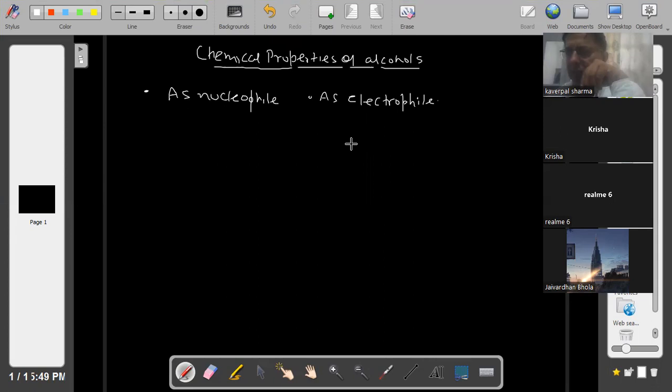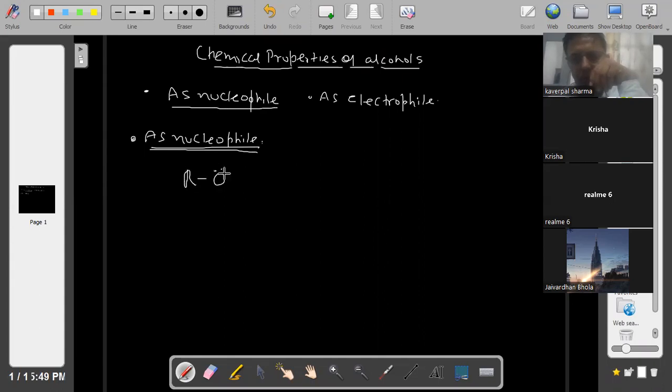Then accordingly, first of all, the nucleophilic nature, as a nucleophile. As a nucleophile, the nature of this is R O H. And here is a carbocation, H C H. This is a carbocation.